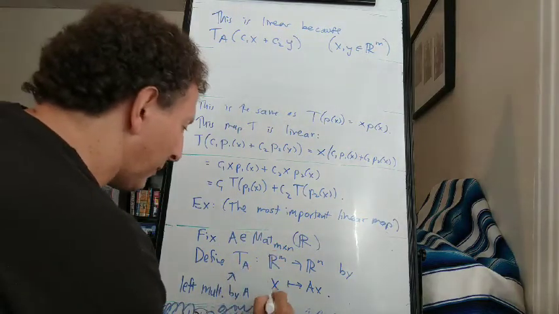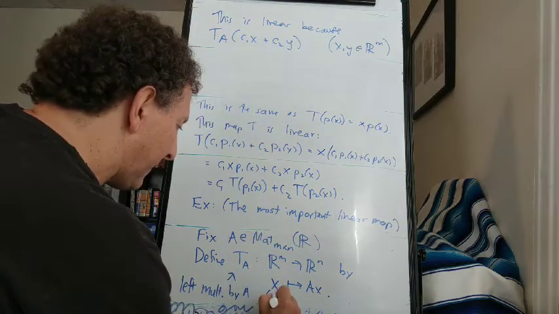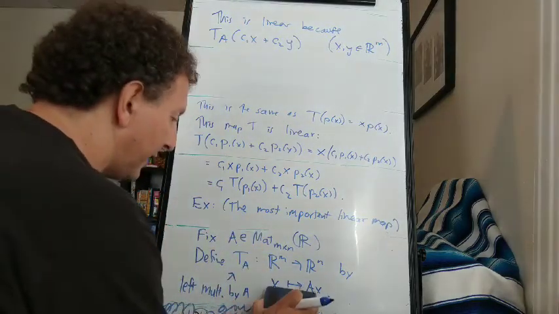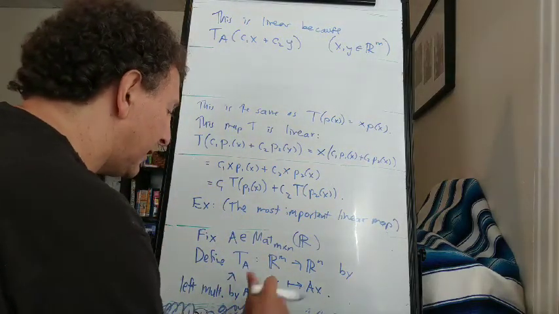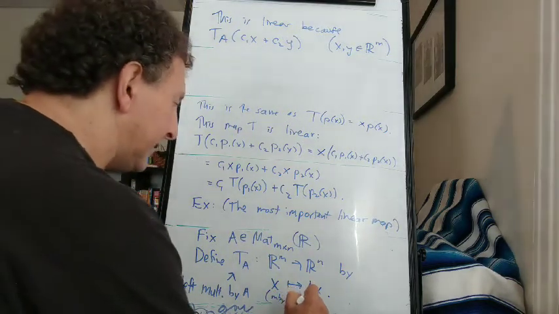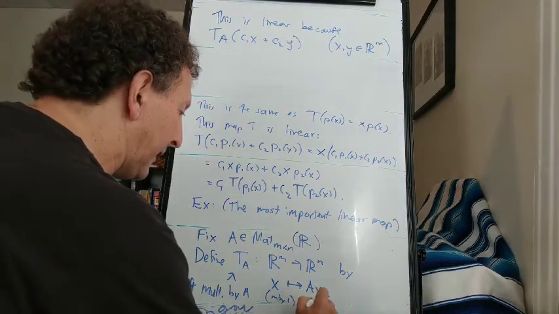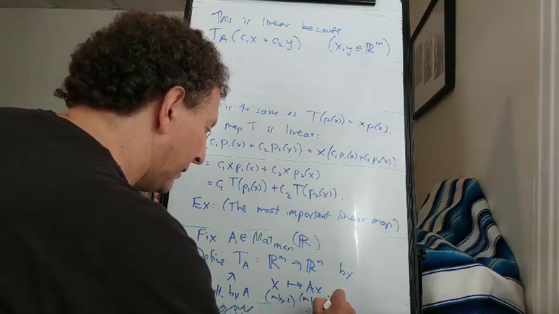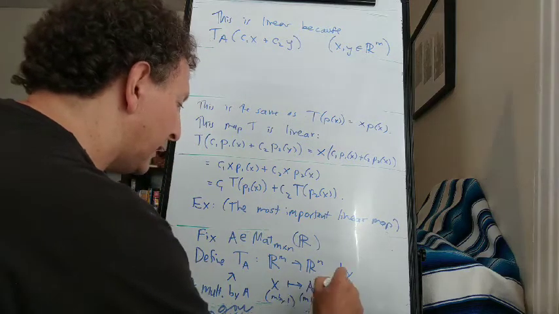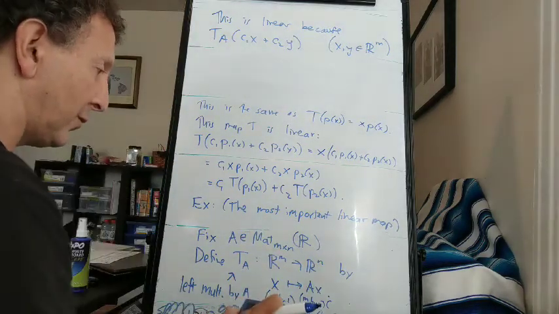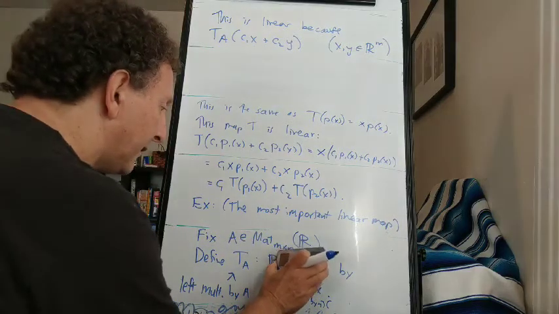So by the way, this is a 1 by m, sorry, m by 1 matrix. And A is m by n, and x is m by 1. Oh, you know what? I think I've got these indices wrong. Good thing I checked.